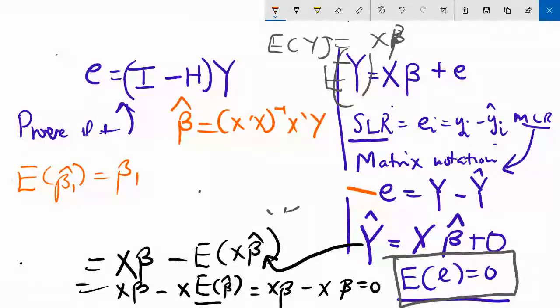This is the same idea that I'm bringing now. That is why I was able to replace the expected value of beta hat with B. That is why I changed this to B.